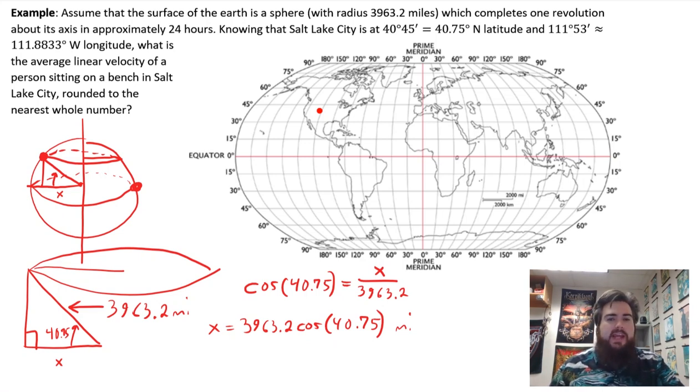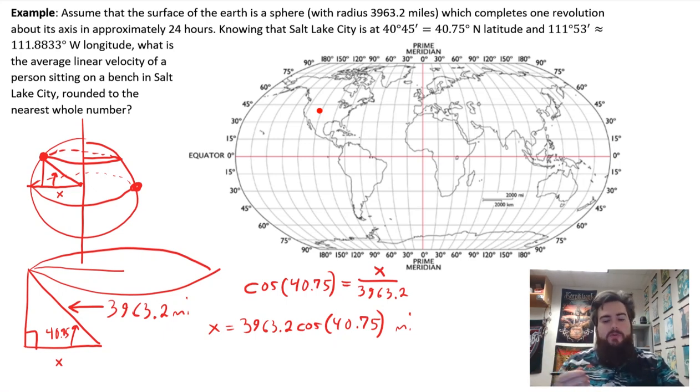Because I want to find the average linear velocity, I need to find that amount of distance in a certain amount of time. This radius of the circle that we sit upon can help us determine the speed of the revolution.